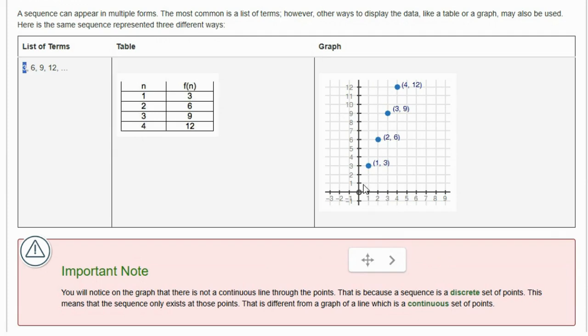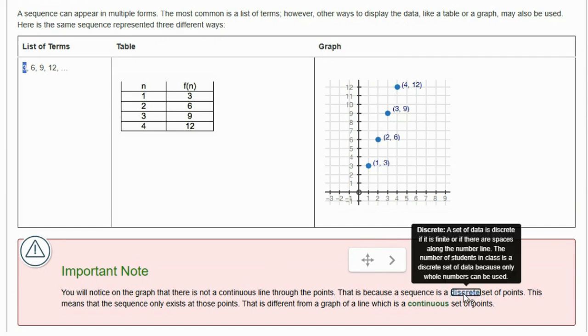There's not a 0.2 term. There's only a first term, a second term, a third term, a fourth term, etc. But there's no terms in between there. So that's why we do not make this a continuous graph like on a line. We don't do that. This is called a discrete graph, and it's spelled discrete. It's finite.